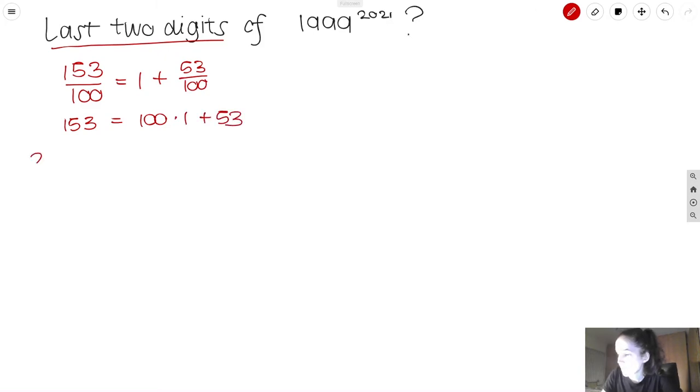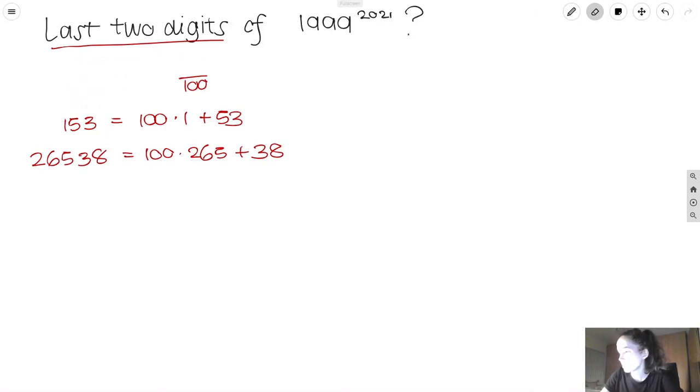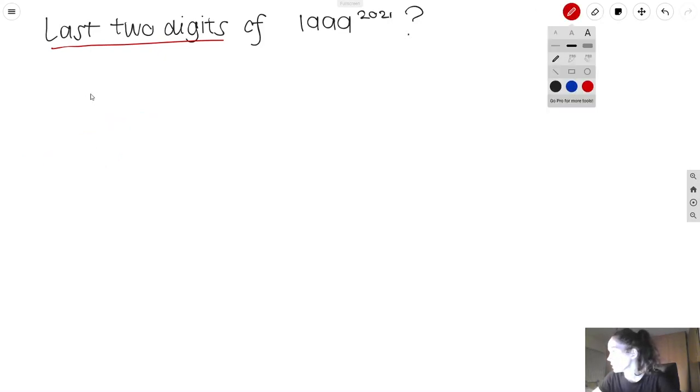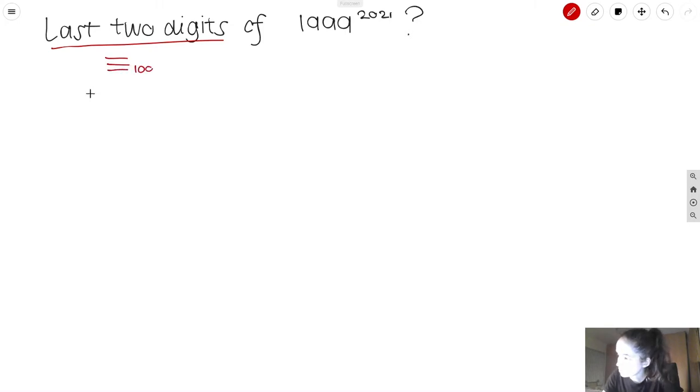We could have the number 26538 is equal to 100 times 265 plus 38. So what I mean to say is, when we say the last two digits of a number, we want to know what that number will be mod 100.